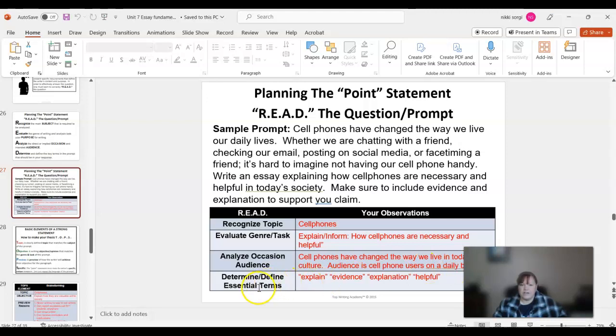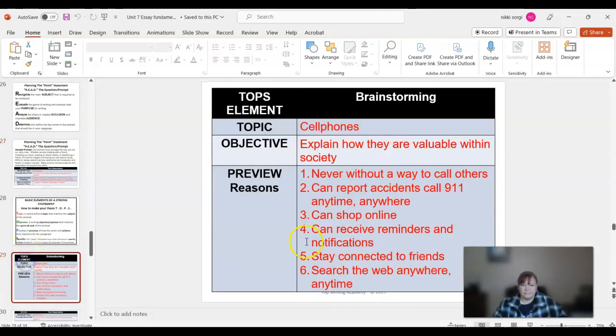And determine and define the essential terms. Explain, evidence, explanation, helpful. So you're going to explain, you're going to have evidence, just like we said. So cell phones, explain how they are valuable within society. That is the objective.